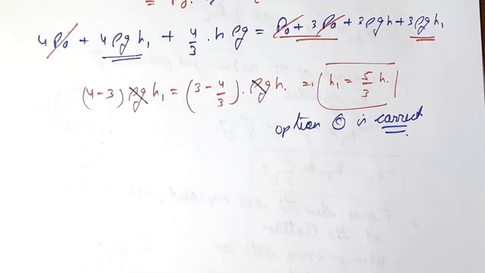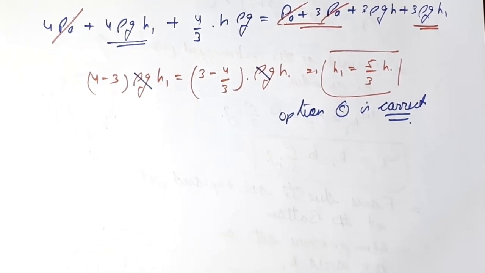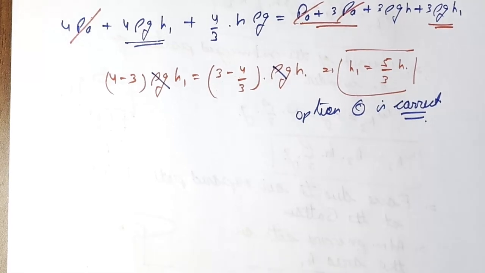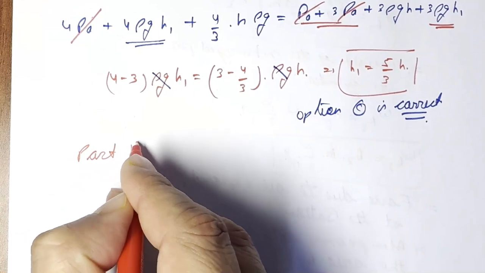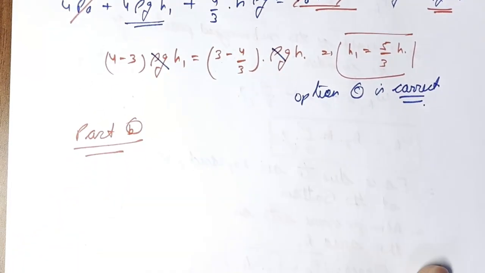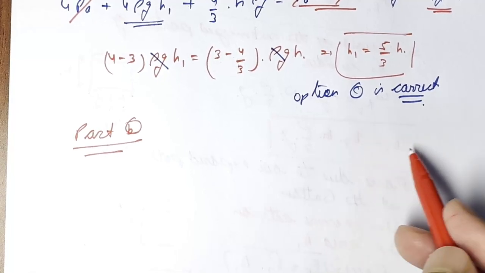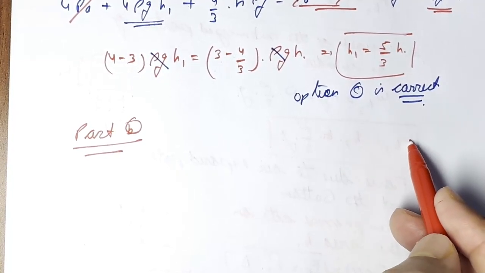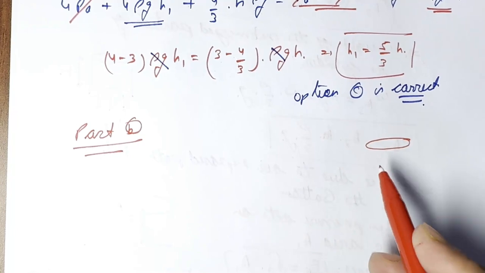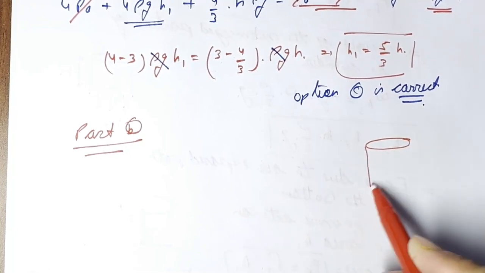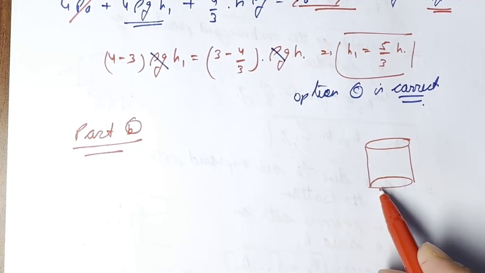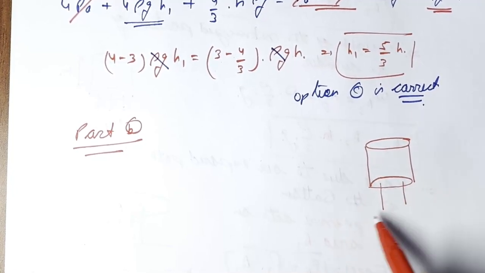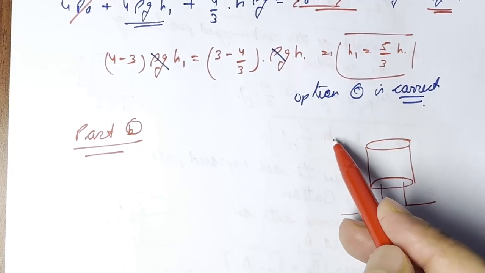So we can write the equation. Let us do part B. And we have a cylinder, which is something like this. The hole is the same, the area associated with this hole will also be the same.